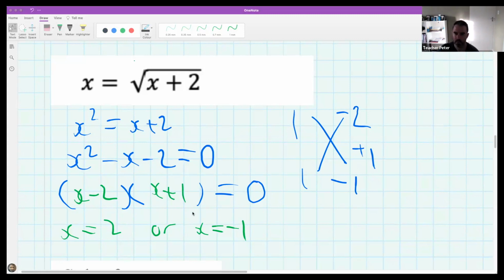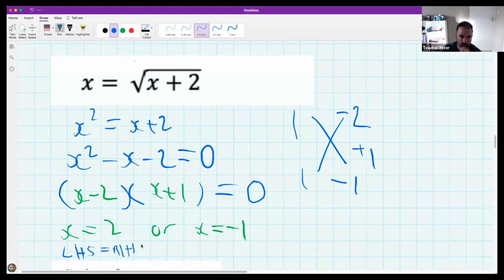Okay, you need to test or check. So let's have a look. If I go x + 2 is 4, and 4 square rooted is 2, that's fine. So the left-hand side equals the right-hand side. So that answer is fine.